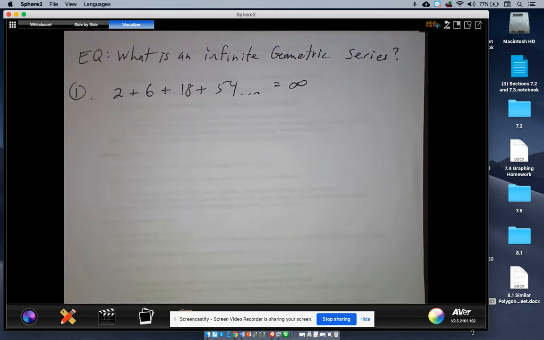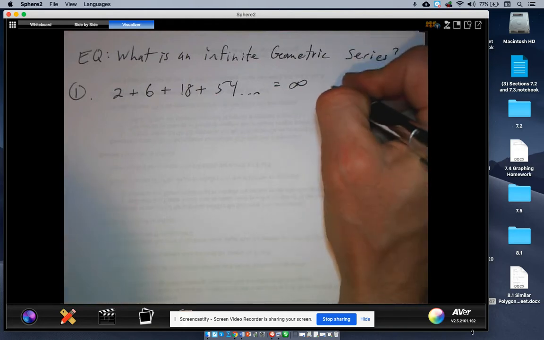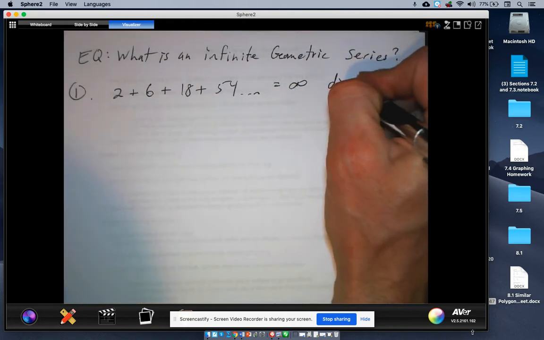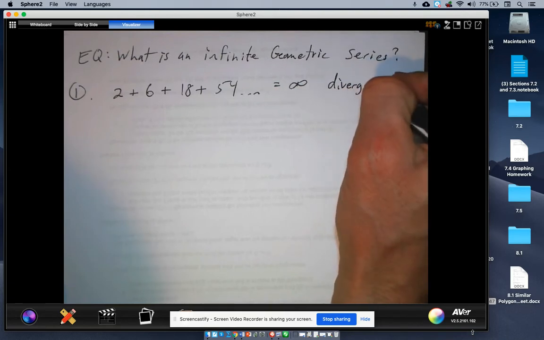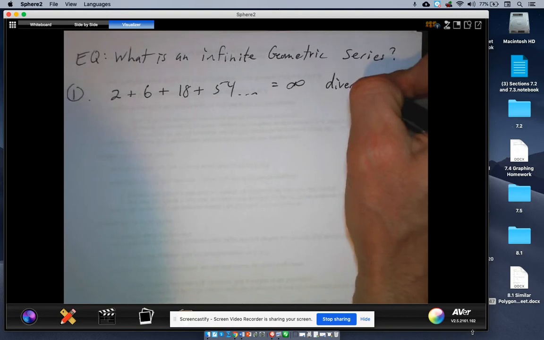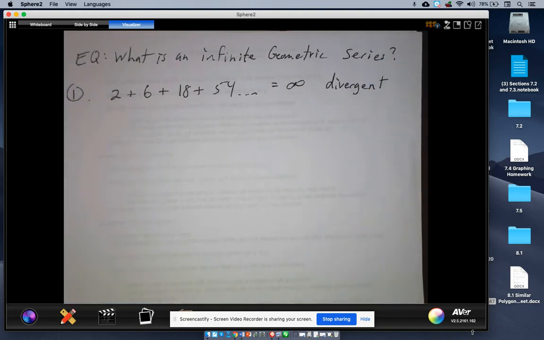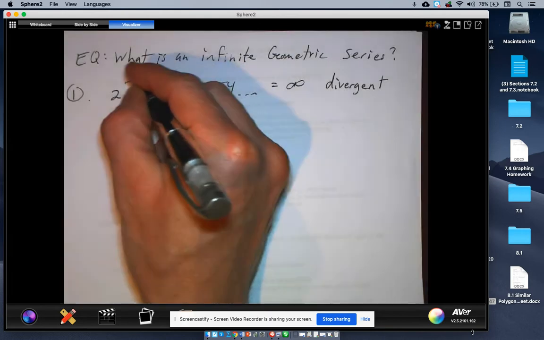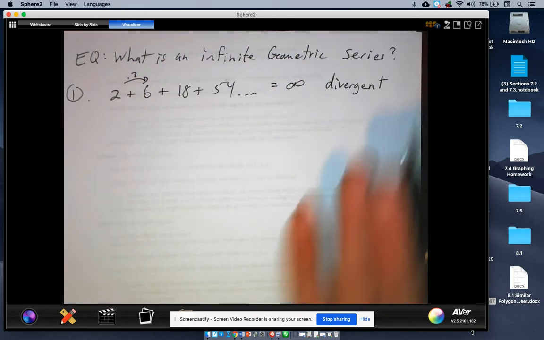That would get infinitely large and never stop growing. And that is absolutely correct. We call that diverge or divergent when that happens. Okay? So you could say diverge or it's divergent, when a series, geometric, multiplying by 3, goes up and you can never stop adding, right?